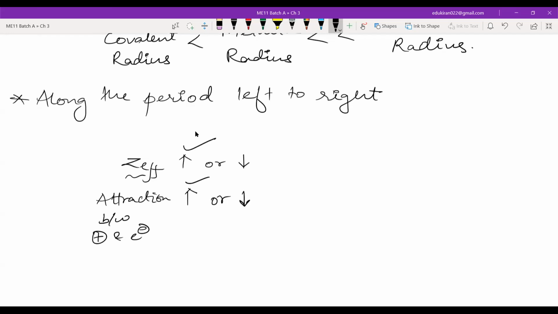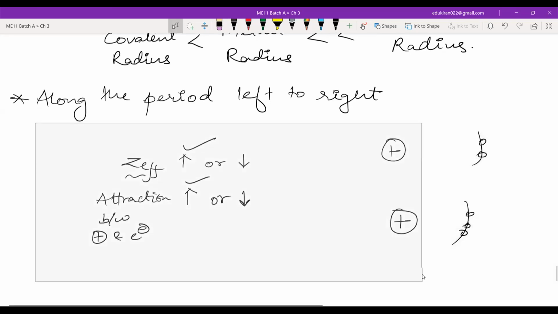If the attraction between protons and electrons is increasing, the atom will shrink. If I have positive here and negative here, and the attraction is more, the electrons come closer, so the atomic size will shrink, correct?